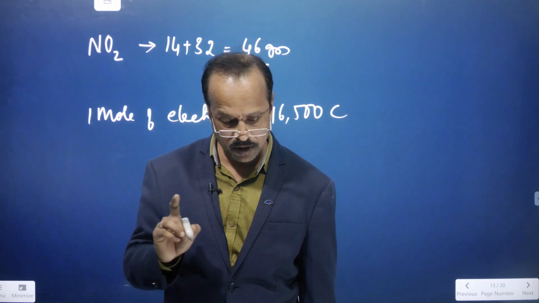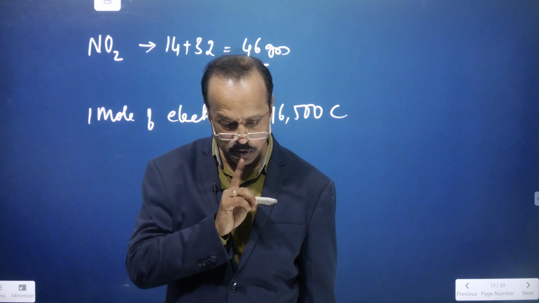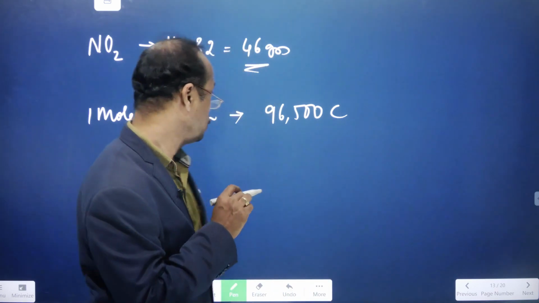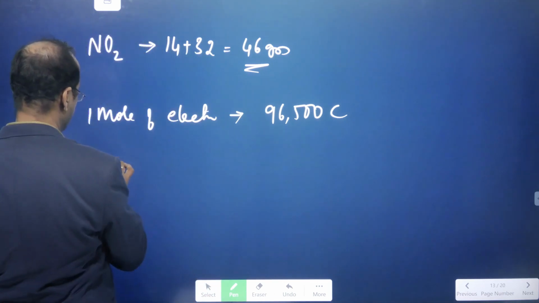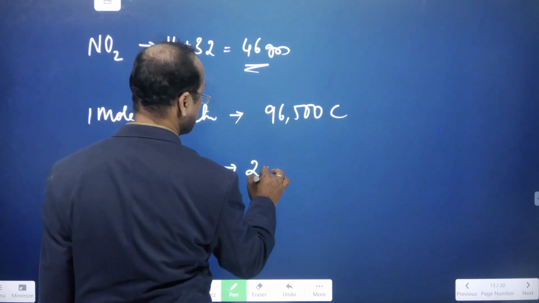Now, 2 moles means you have to multiply with 2. So they are given 2 moles of electrons. The charge is how much? 2 into 96,500.